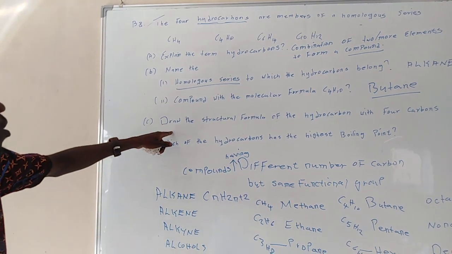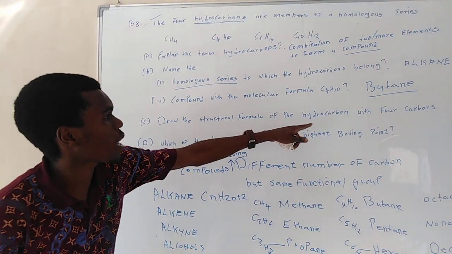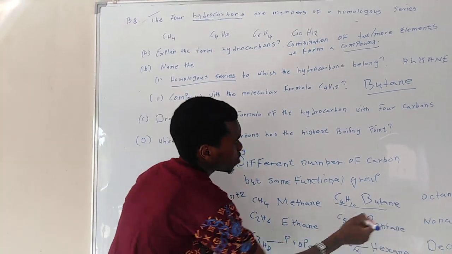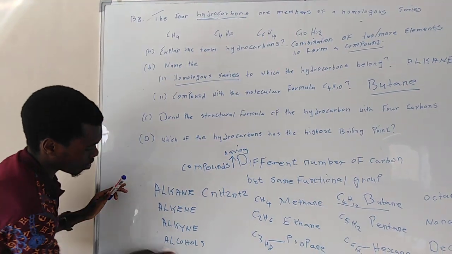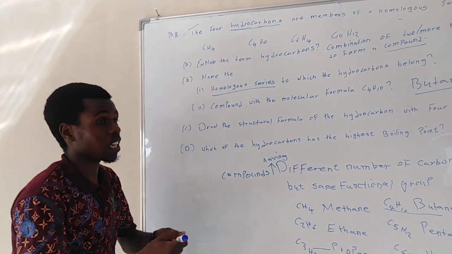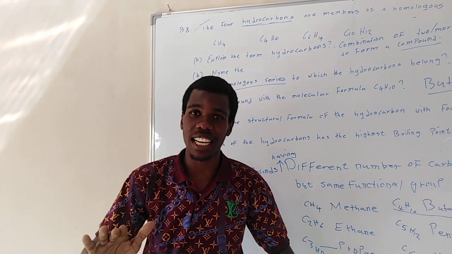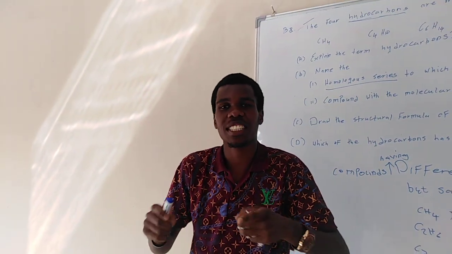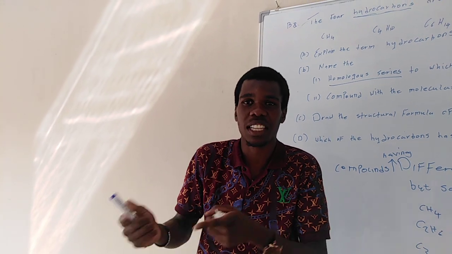Draw the structural formula of the hydrocarbon with 4 carbons. That is the same one, butane. Remember the definition of the alkanes: saturated hydrocarbons, because they carry a single bond between the carbon atoms.